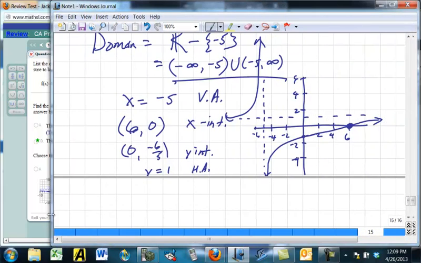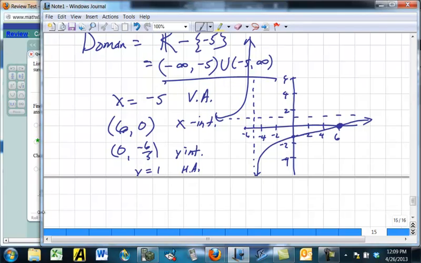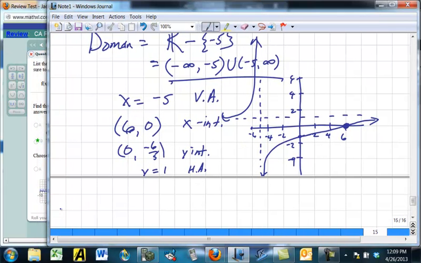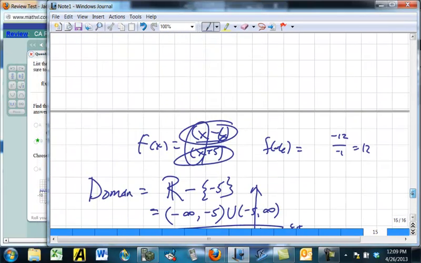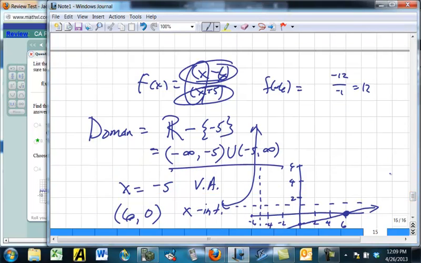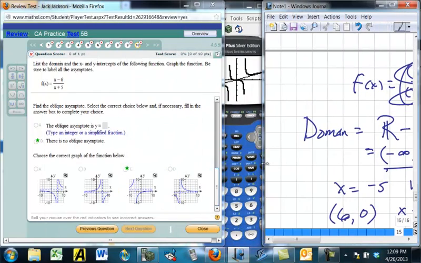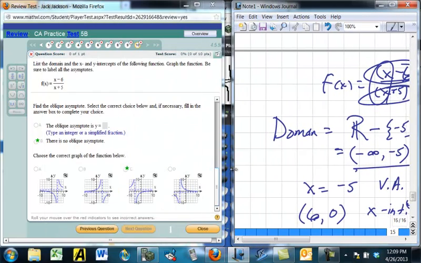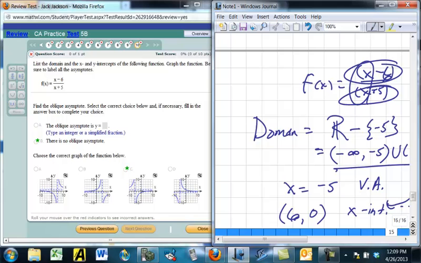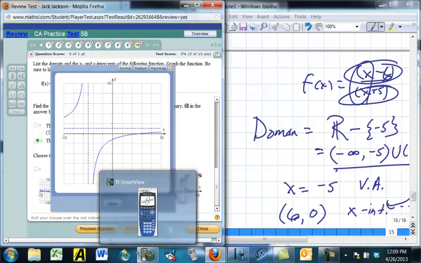And at, oh, did I forget this? Yes, I did make a mistake. No, I did not. Horizontal should be at positive 1. Yeah, so we're right here. This one up here should be what we're dealing with. So this is what the graph should look like if we do it exactly.